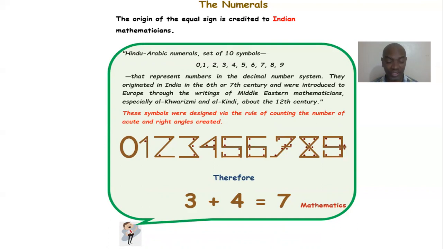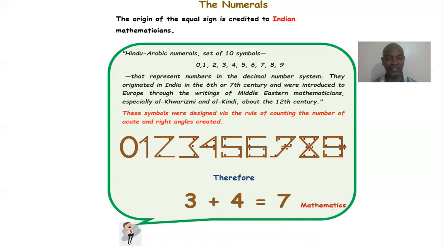That's what we call them in English. They represent the numbers in the decimal number system. From those 10 digits we can make any number, any value. They originated in India in the 6th and 7th century and were introduced to Europe through the writings of Middle Eastern mathematicians, especially Al-Khwarizmi and Al-Kindi, about the 12th century.